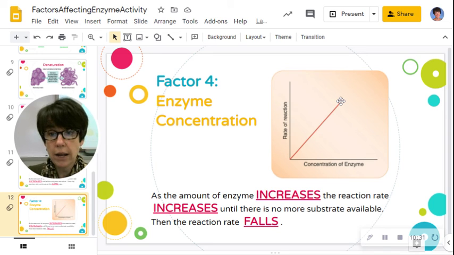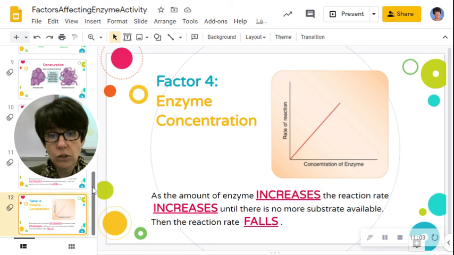Now you might be wondering why that line doesn't level off or just stop where it is. Well, there's going to be a point at which all of the substrate is gone. I used it all up. There's no more reactant. And so at that point, the reaction stops. Now it might slow down; in reality, it might come down a little bit slowly, but it is going to go down because once there's no more substrate, the enzyme has nothing to react with, and the reaction rate is going to fall back down.